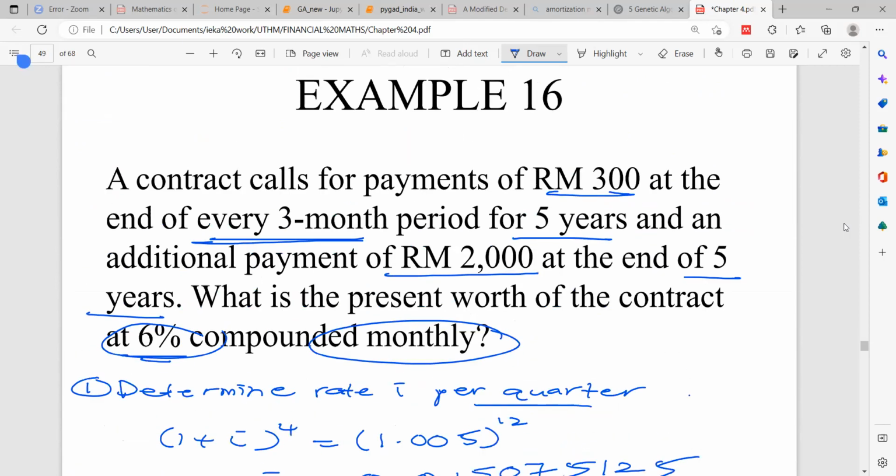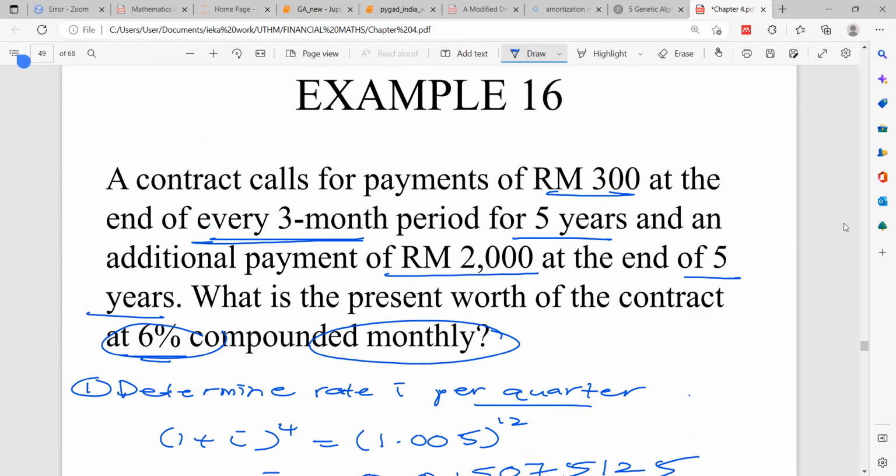Okay, for next example, a contract calls for payment of 300 ringgit at the end of every 3 months period for 5 years and an additional payment of 2000 at the end of 5 years. What is the present worth of the contract at 6% compounded monthly?